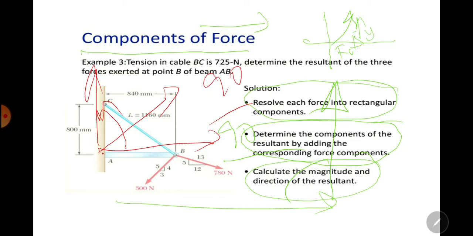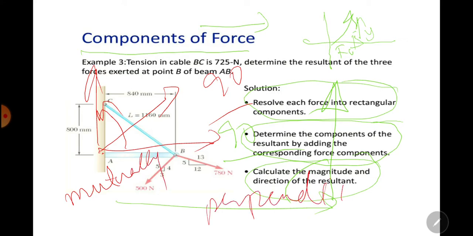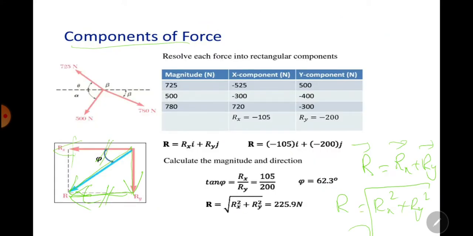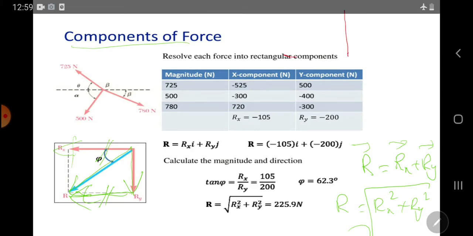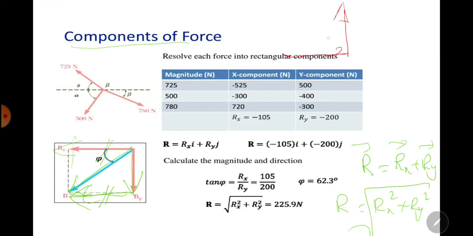So if the angle is 90, they are called mutually perpendicular components. If two components of a vector make an angle of 90 degrees with each other, then these are called the rectangular components of a vector.